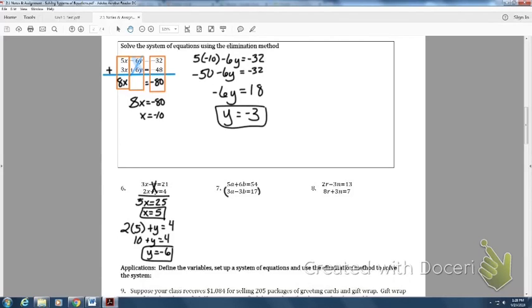Yeah, multiply the second equation by 2 so that I can get 6b and negative 6b. No, it's whatever you need to multiply it by to cancel one of them out. Because if this is 6b, I can change that to negative 6b by multiplying it by 2. If this was negative 2b, it would be multiplied by 3 to get negative 6b.